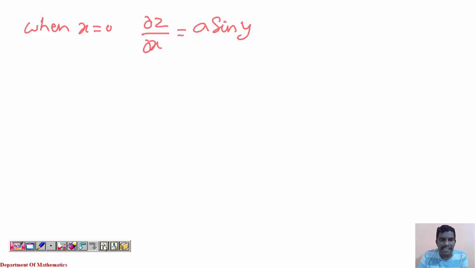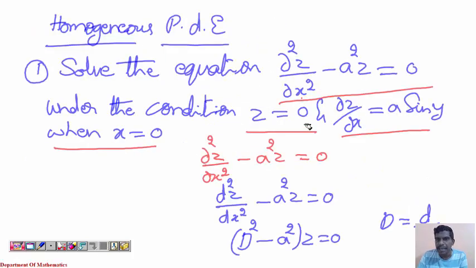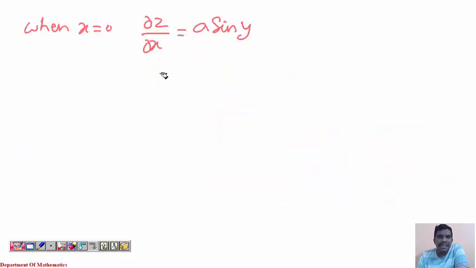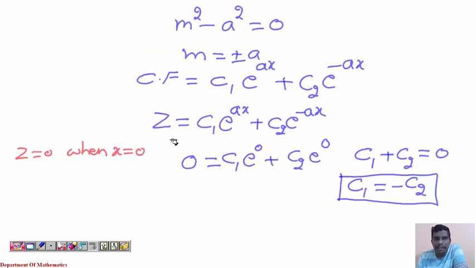This is the condition that has been given. Let us use that condition. To substitute the value of ∂z/∂x, we need to find out ∂z/∂x from this equation.